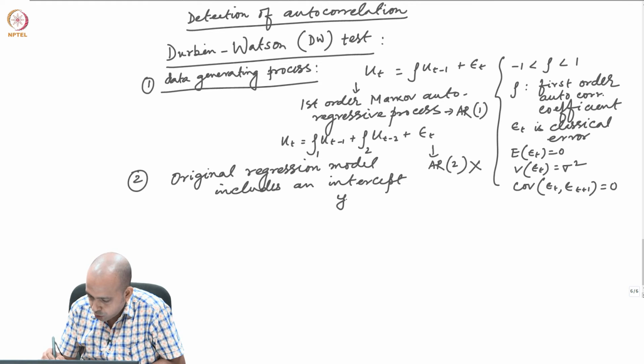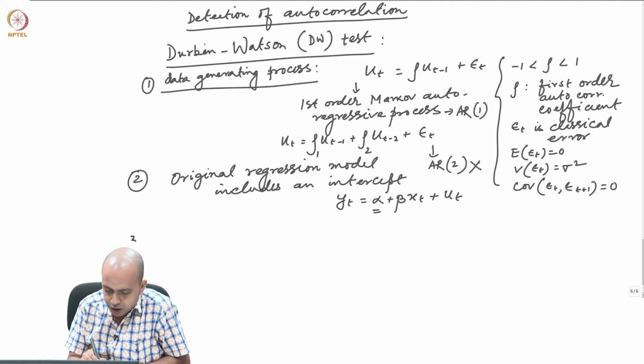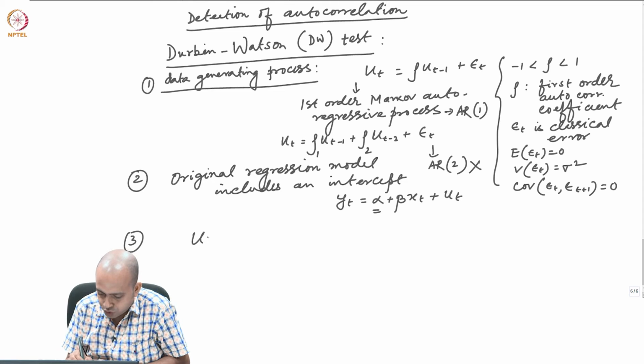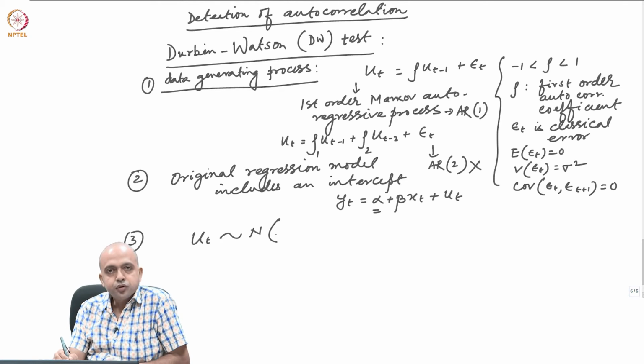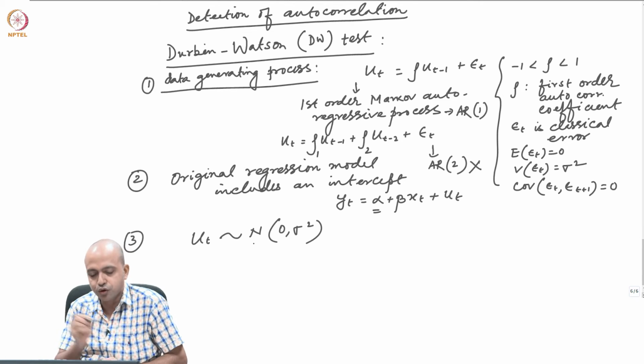That means yt would be equal to alpha plus beta xt plus ut. So, the presence of intercept should be there, and they also assume that ut actually follows a normal distribution, okay, with 0 mean and sigma square variance. It follows a normal distribution.